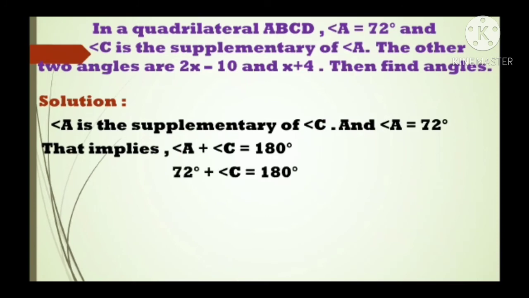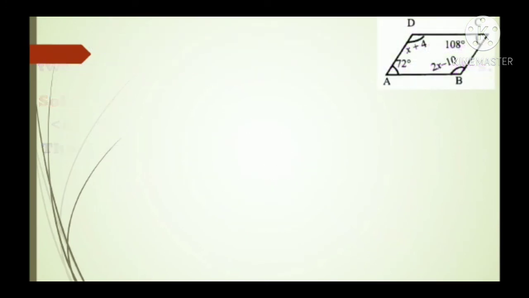So we substitute the value of angle A, that is 72 degrees plus angle C equal to 180 degrees. So angle C equal to 180 degrees minus 72, that is angle C equal to 108 degrees. Okay guys. So we have found the value of angle A and angle C. So here the figure is given here.